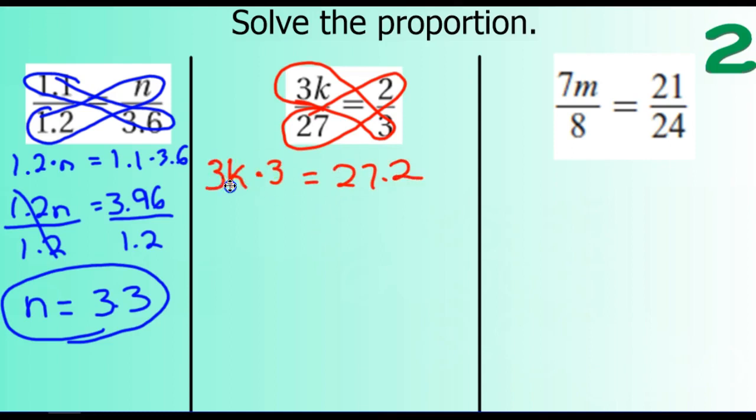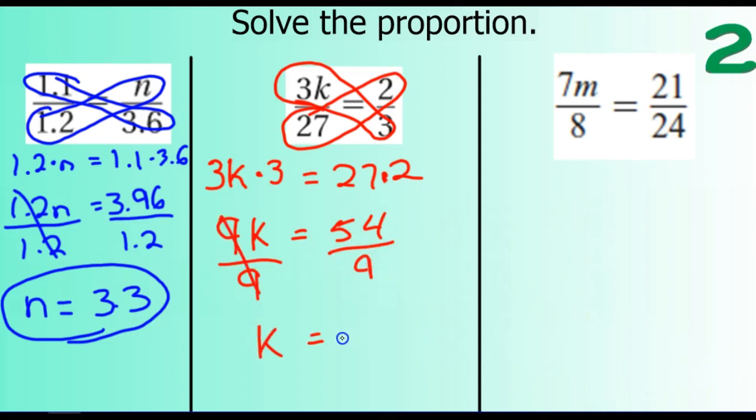Now 3k times 3, well, 3 times 3 is 9, so we'll have 9k equals 27 times 2, which gives us 54. Divide by 9, divide by 9, and k equals 54 divided by 9, which gives us 6.